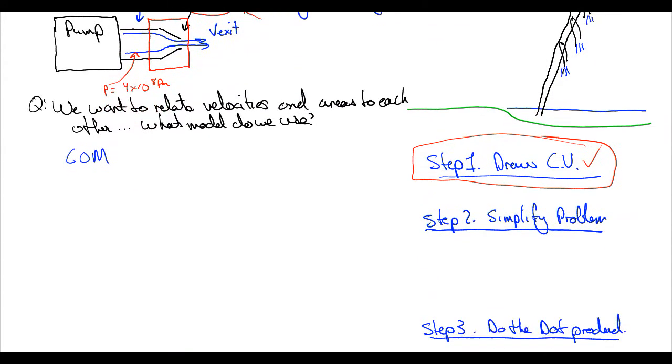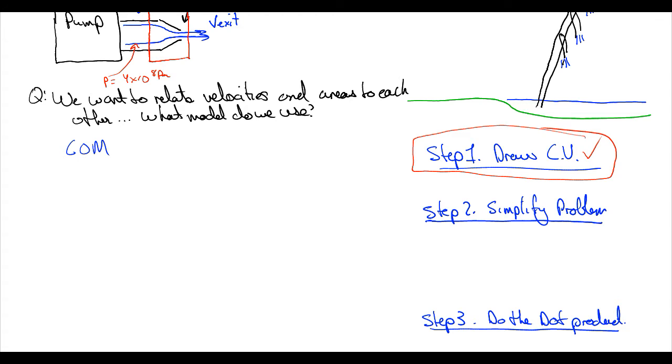We're going to simplify our problem now. So let's write out conservation of mass. We have 0 is equal to d/dt of the integral over our control volume of rho dV, plus the integral over the control surface of rho w dot n hat dA. So we're going to simplify our problem.